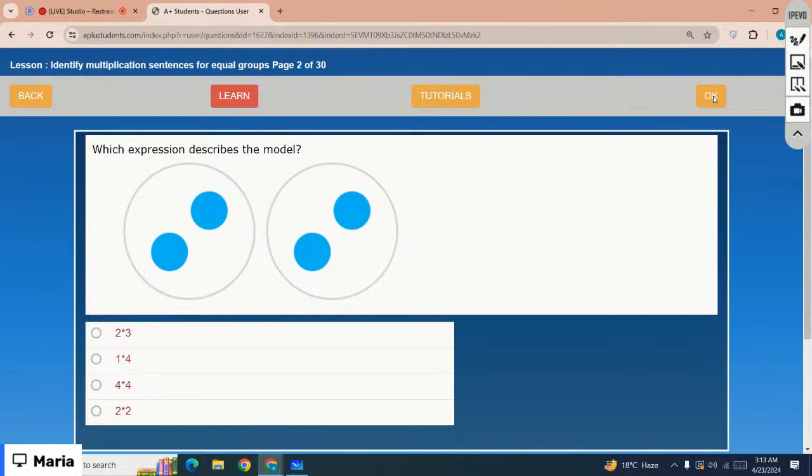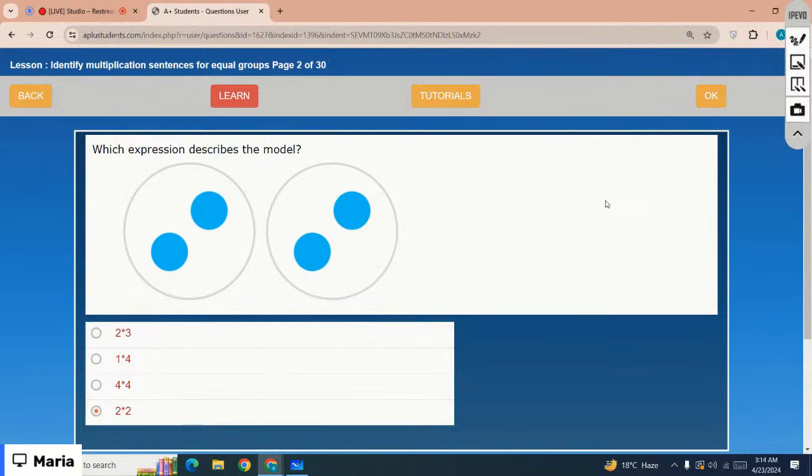Which expression describes the model? Which is the correct option? The correct option is, you have two groups and every group has, yes, that's option number 4. 2 times 2, you have two groups and each group has two dots.